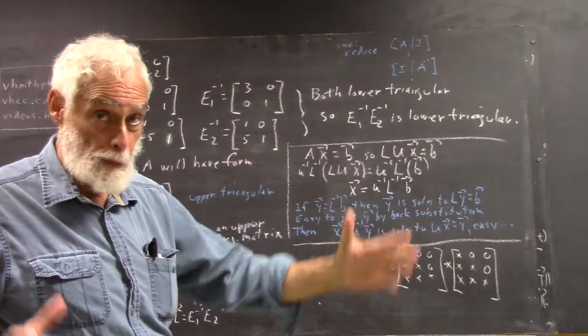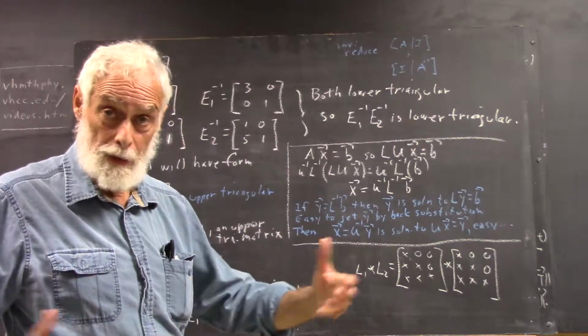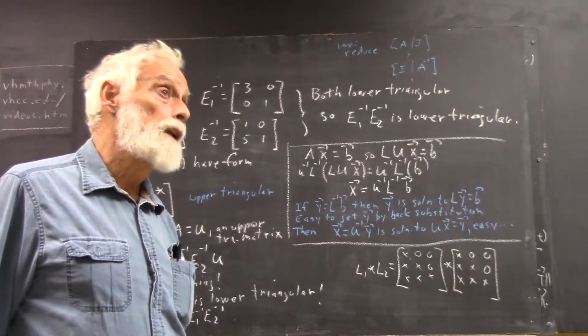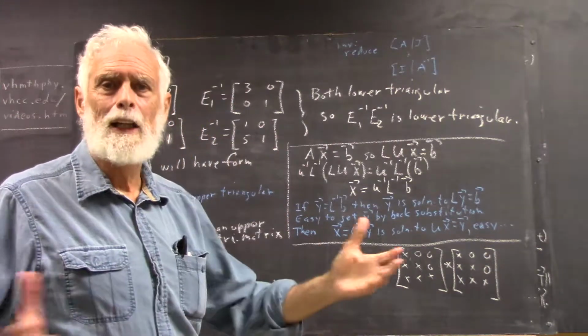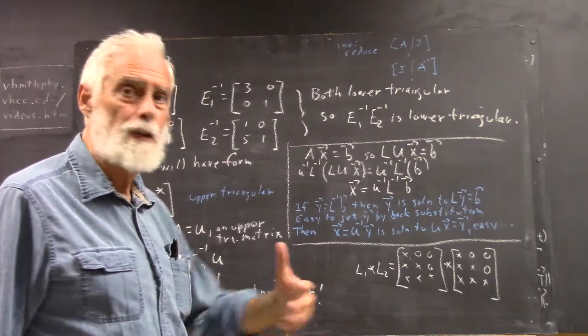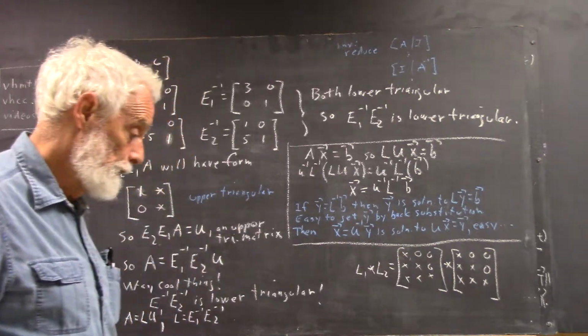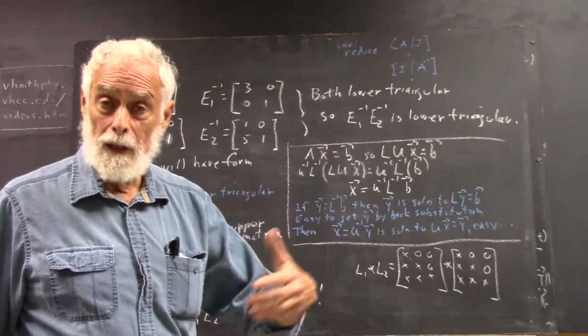For a 20 by 20 matrix, LU decomposition, although it takes quite a number of calculations, doesn't take that many compared to other methods, to brute force methods. So, take my word for it, this is really kind of a big deal.